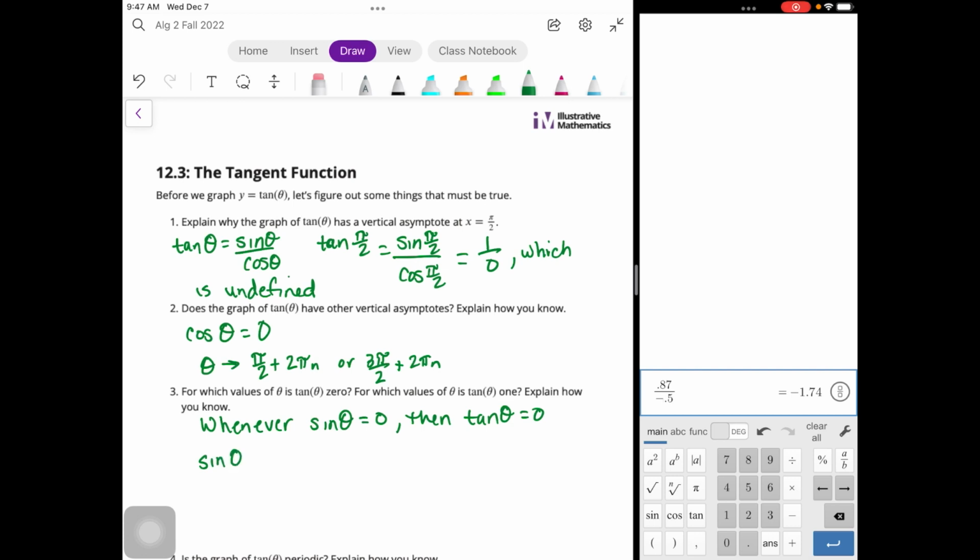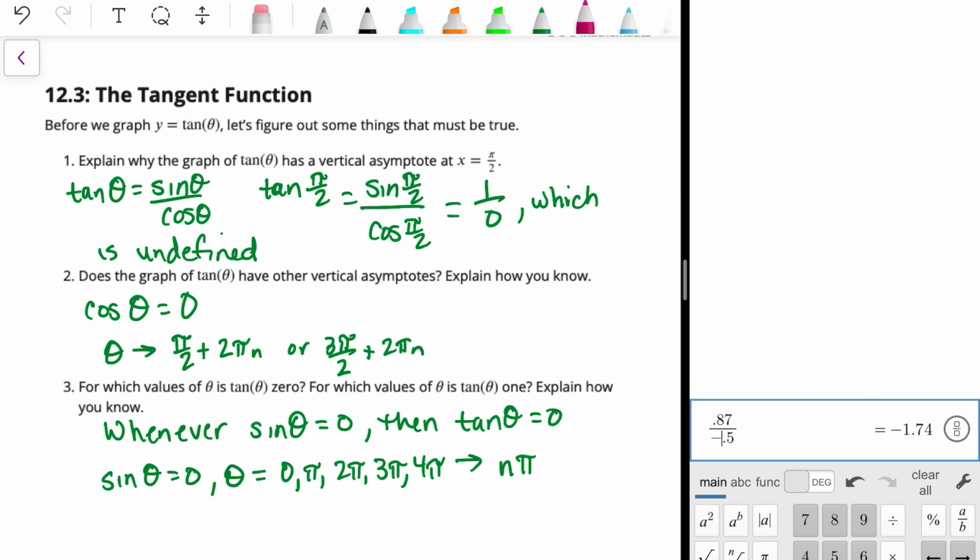Well, sine of theta equals 0 when theta is equal to pi. Well, really 0 first. 0, pi, 2 pi, 3 pi, all the multiples of pi. So basically, n pi, where n is a whole number. Actually, it's an integer, because it can be positive or negative. So this was when tangent was 0.